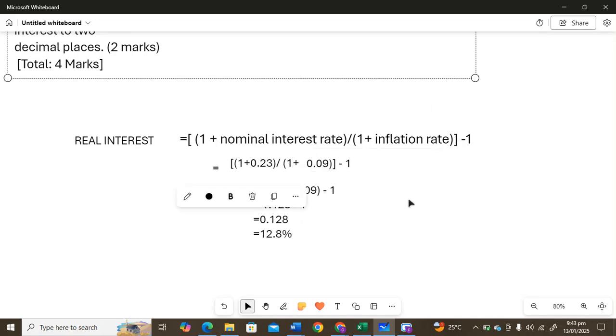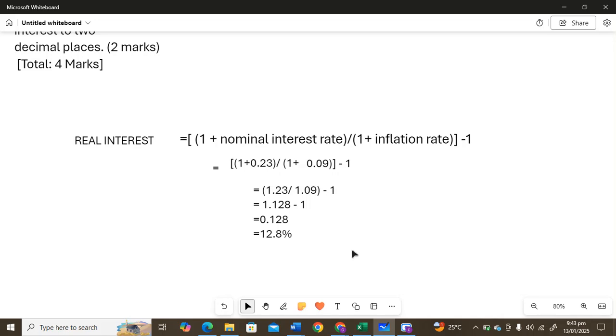Now, as I said, if it's your last day and the exam is tomorrow, and you've forgotten this formula, remember the real interest rate is just the nominal interest rate minus the inflation rate.